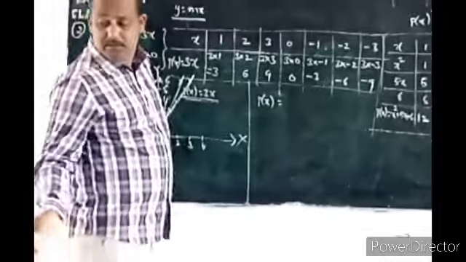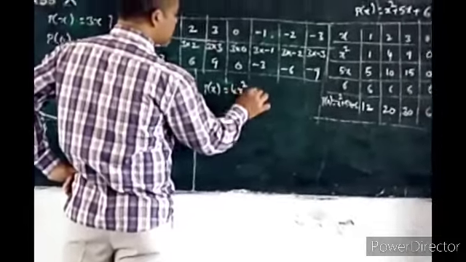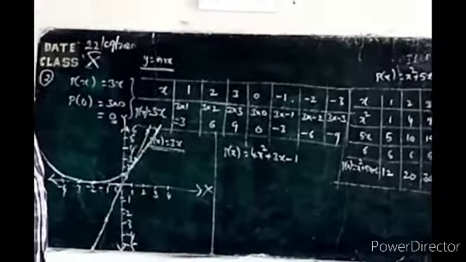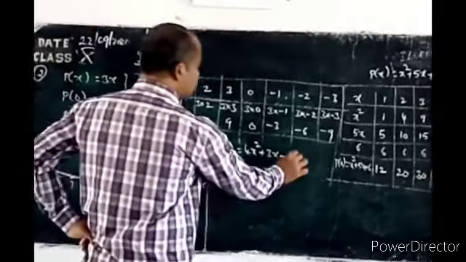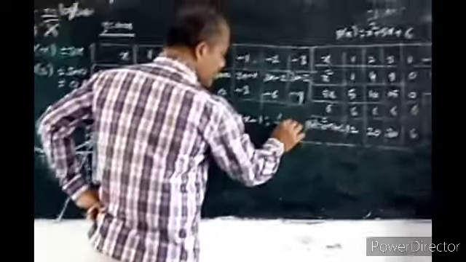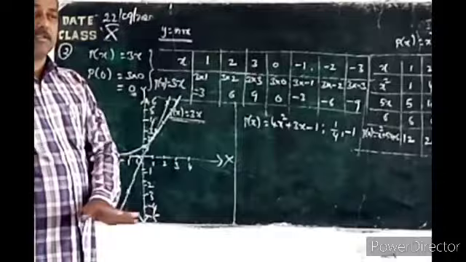So repeat, 4x square plus 3x minus 1. Which numbers are given? 1/4 and minus 1. Are these zeros or not? Why did he ask?